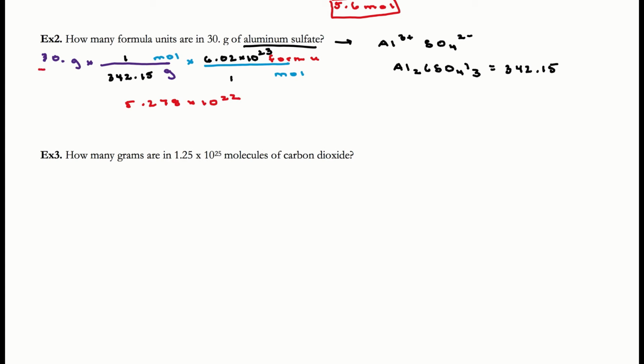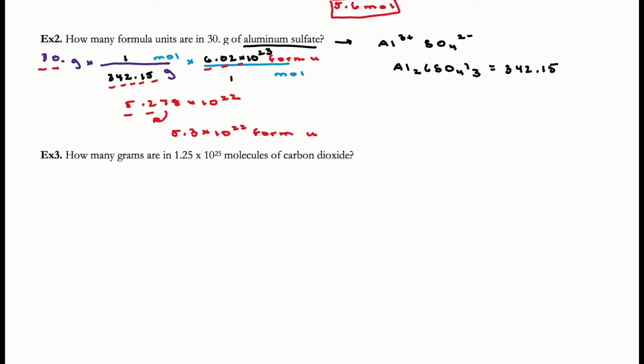However, I want to have 2 sig figs. That has 5, that has 3, so I want 2 sig figs. So this is going to round to my final answer of 5.3 times 10 to the 22nd, and my units are formula units.